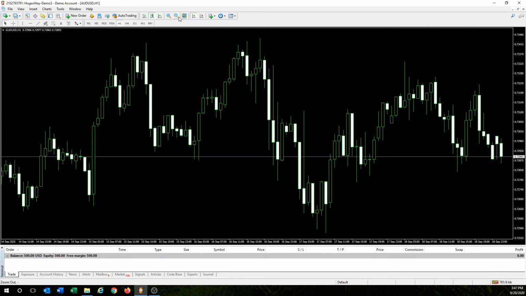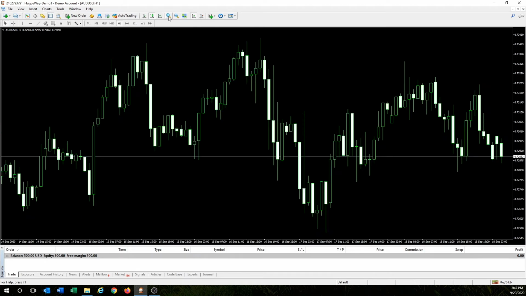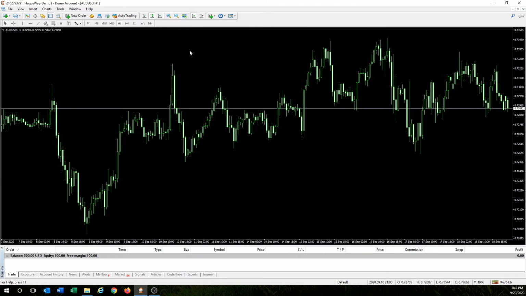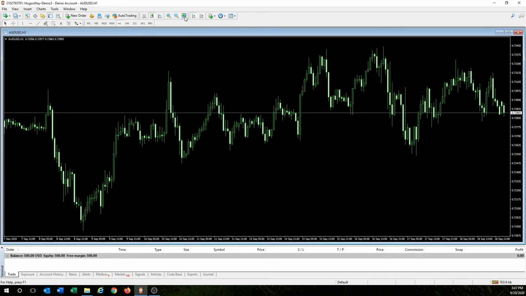Okay, and the next two buttons here on the top, this is zoom in and zoom out. We already talked about that. So you can just play around with this. I want you to touch all these buttons after this lesson and get familiar with manipulating this chart. So we selected candlesticks. These are our zoom in, zoom out buttons. We know what this button does.